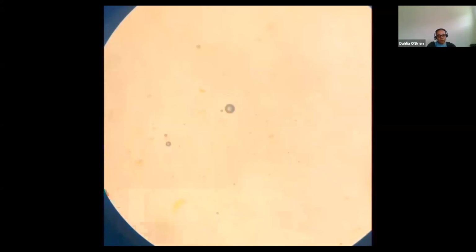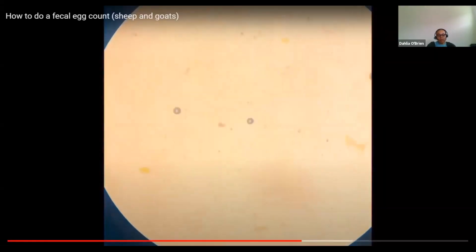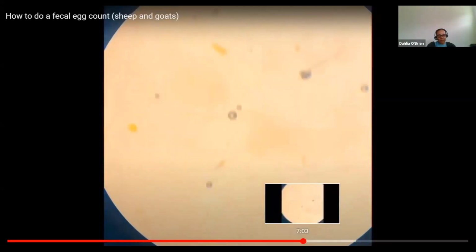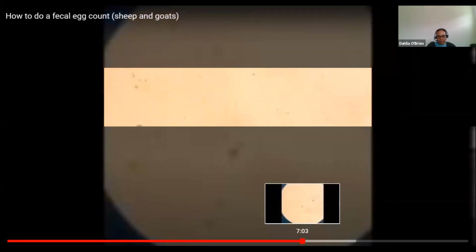But you can see there's nothing. So I'm simply going up a lane, coming across, and going down. Once I've finished all 6, I will move to the other chamber and count the 6 lanes on that side. I'm going to hurry this up a bit because I did not see any eggs on this slide.